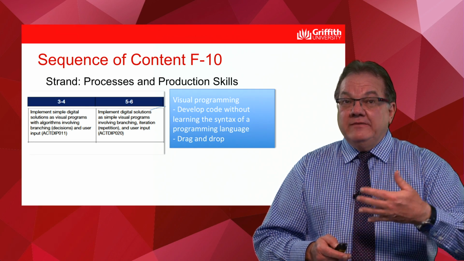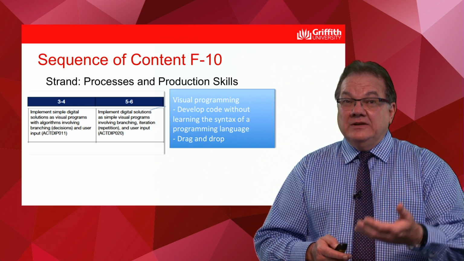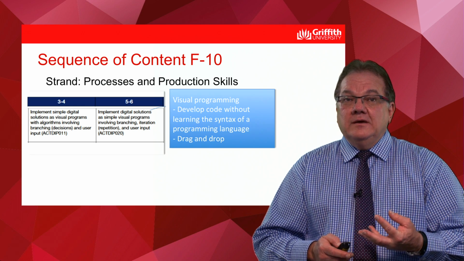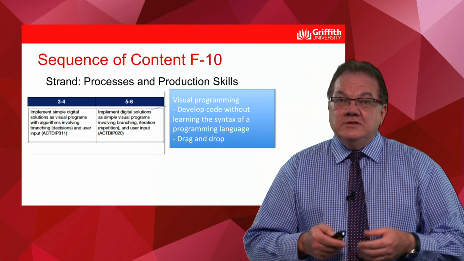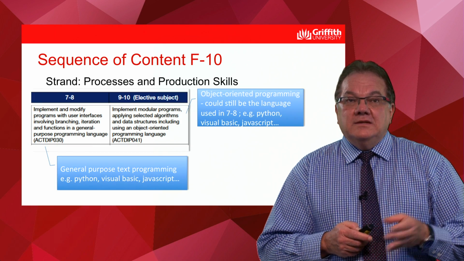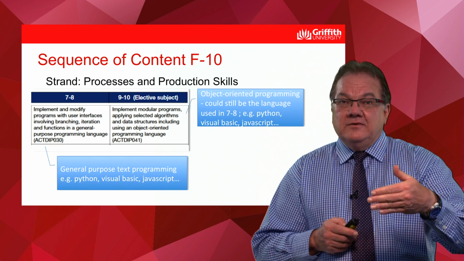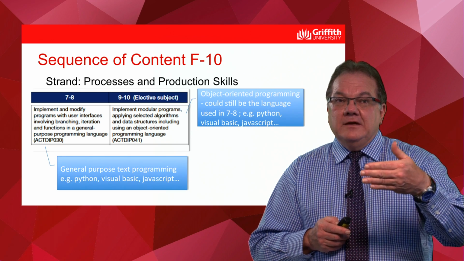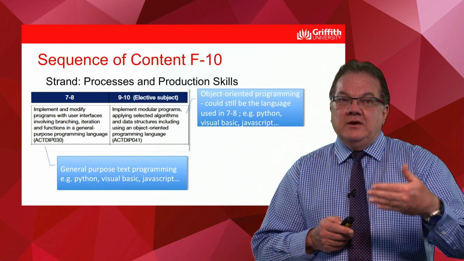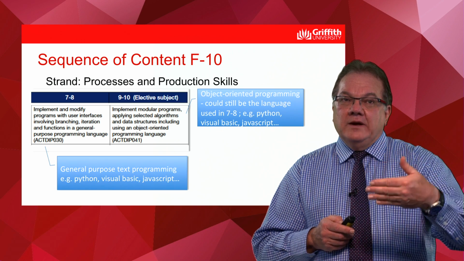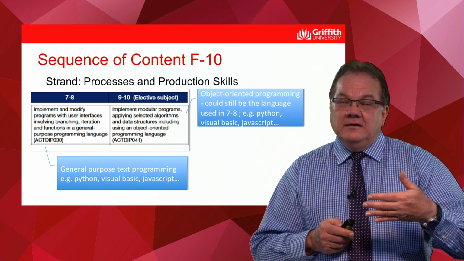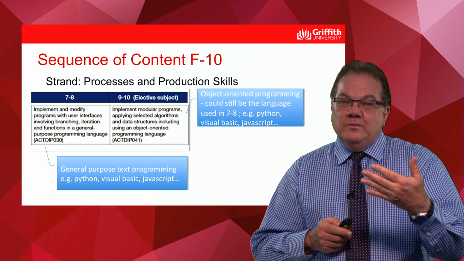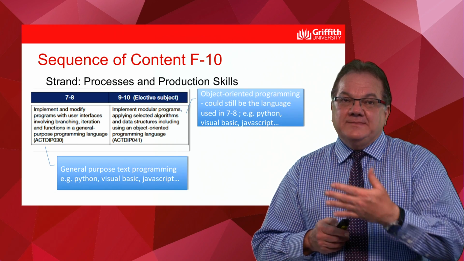So students will be developing code without actually needing to learn the syntax of a programming language, for example, using drag and drop. In 7-8, you can see this increasing expectation here, but it's actually still continuing to be built on branching, iteration, and you can see here how that plays out as we add additional expectations.